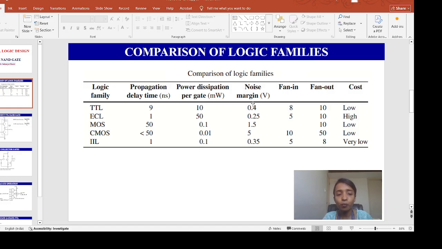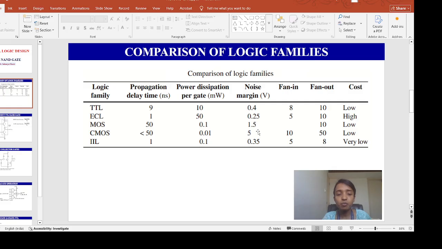Noise margin, what about the noise margin? How can I define the noise margin? You can see how it is varying: 0.4 for TTL, 0.25 for ECL, 1.5 for MOS, 5 for CMOS, and 0.35 for I square L. So noise margin should always be high.